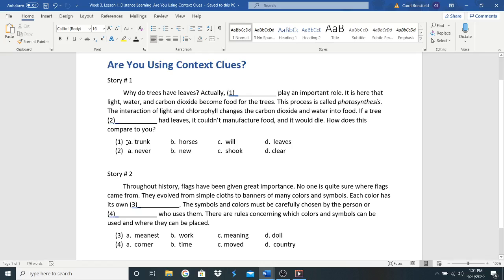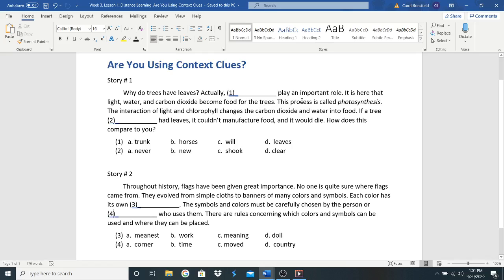On number 1, we've got A, trunk, B, horses, C, wheel, D, leaves. So think just a second of what you think the answer might be. Have you got an answer in mind? Well, let's go ahead and read these couple of sentences and see if we can try each word in the blank. Why do trees have leaves?